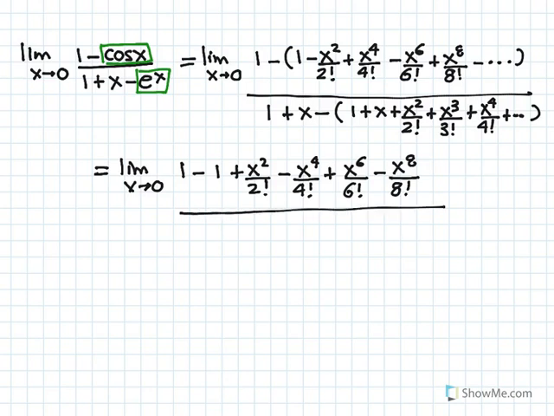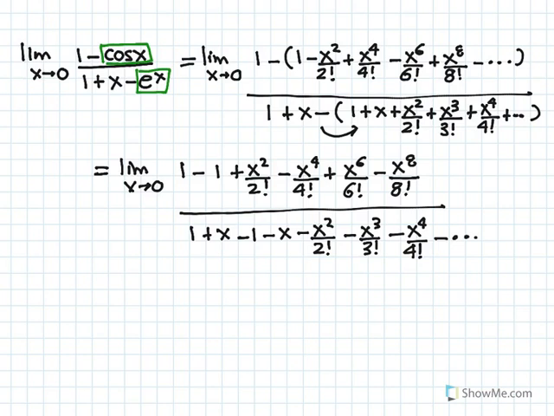In the denominator, we get 1 plus x, and similarly distribute the minus sign, so we get minus 1 minus x plus... minus x squared divided by 2 factorial minus x cubed divided by 3 factorial minus x to the 4 divided by 4 factorial, and so on. Now let's do some cancellation. We get 1 minus 1, that cancels out. In the denominator, 1 minus 1 cancels out, and x minus x cancels out.